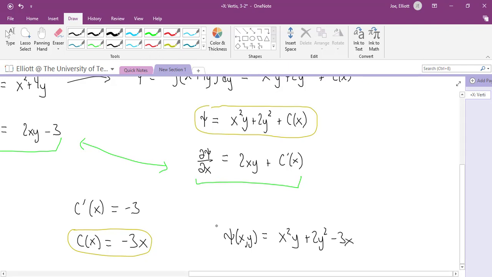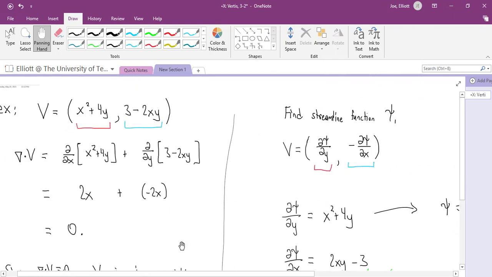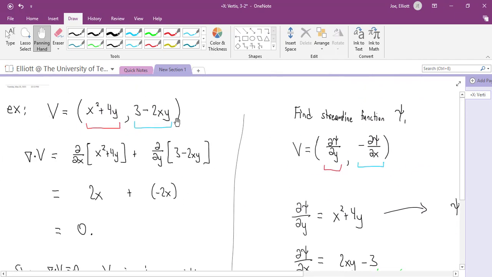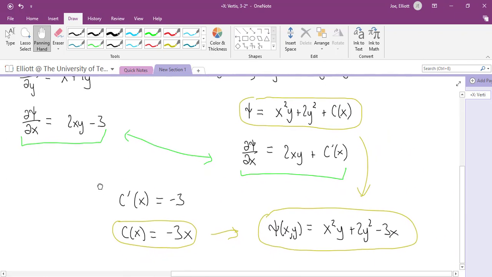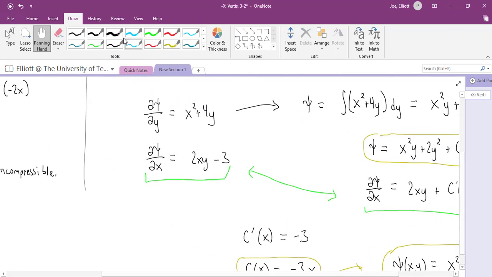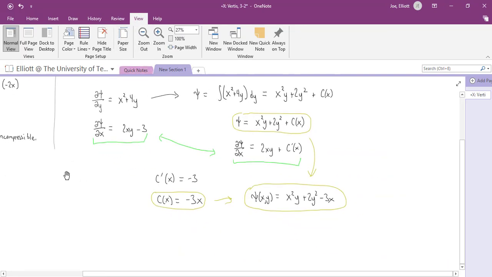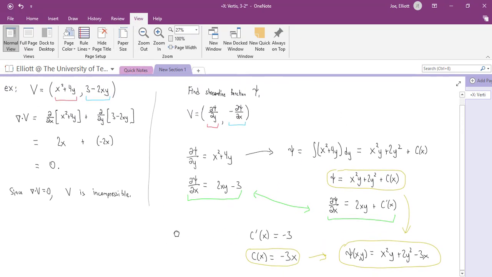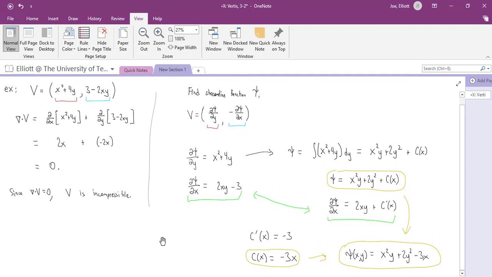So then that gives us our streamline function, or at least this is a streamline function, for the original incompressible flow that we started with. All right. So that's just a quick example, if you start with an incompressible flow, of how you might try to find a streamline function for it.